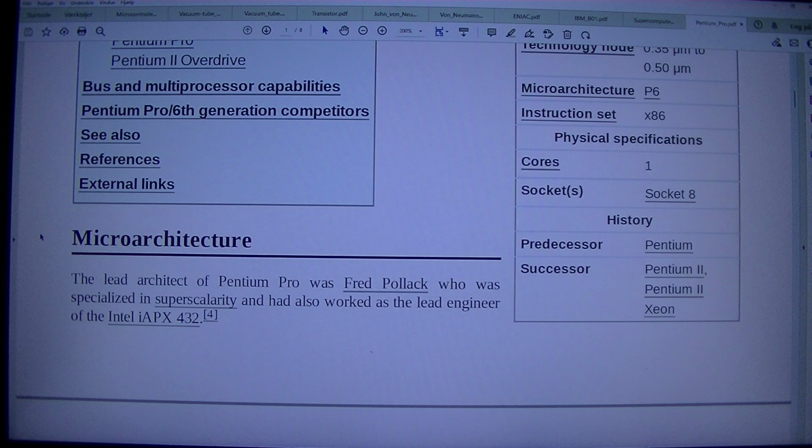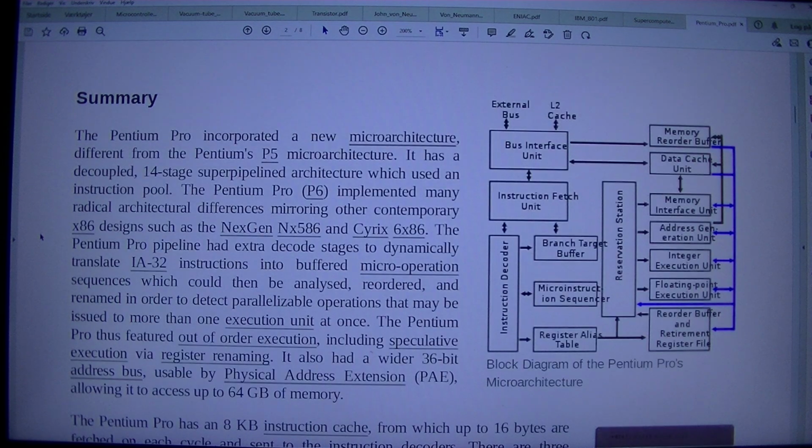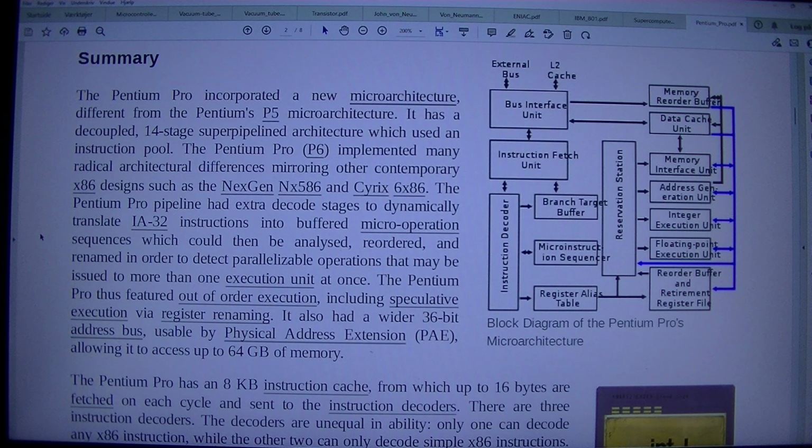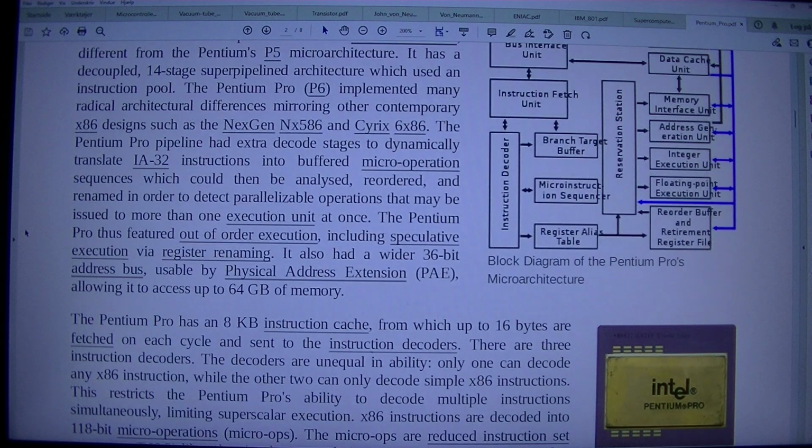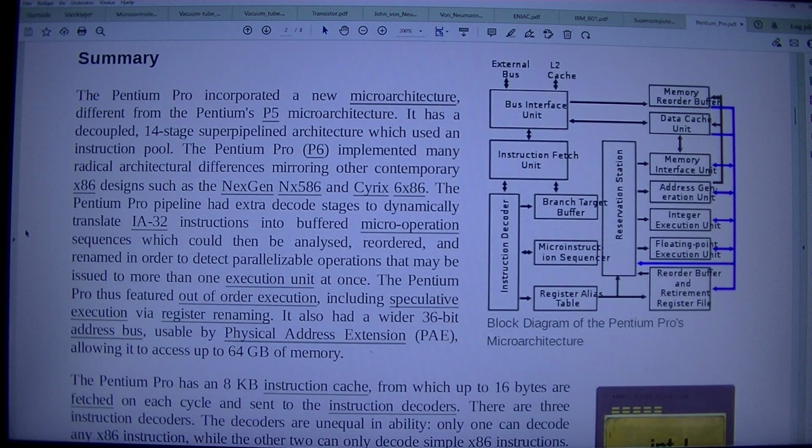Microarchitecture. The lead architect of the Pentium Pro was Fred Pollack, who specialized in superscalarity and had also worked as the lead engineer of the Intel iAPX 432. Block diagram of the Pentium Pro P6 microarchitecture: 200 MHz Pentium Pro with a 512 KB L2 cache in PGA package. 200 MHz Pentium Pro with a 1 MB L2 cache in PPGA package.